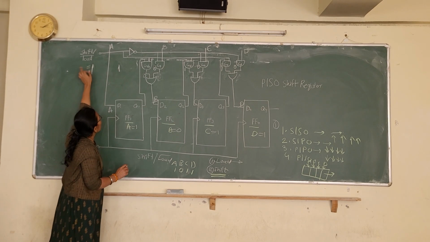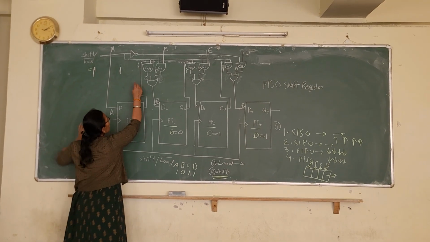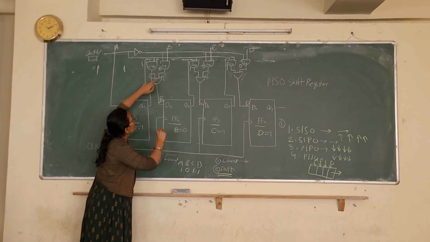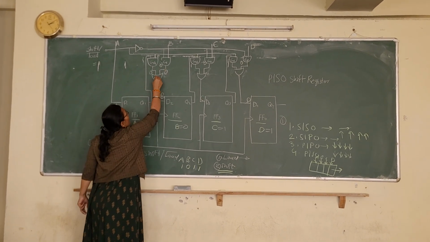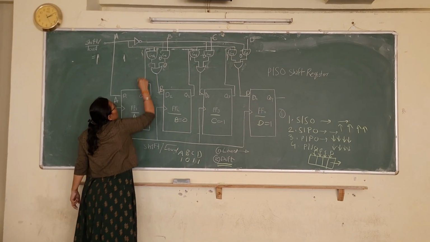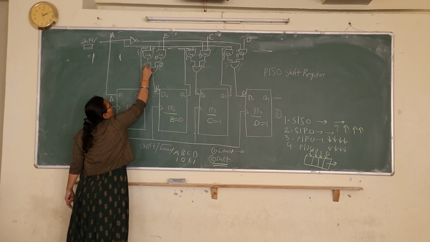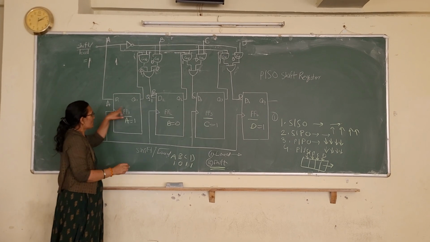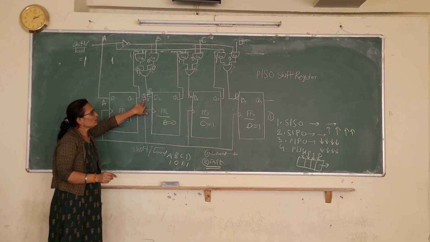Let us see here. Here you are getting a 1, this 1, and here is 0 because the input is now 0. That's why here you are getting a 0, and this is your 1. So this Q1 is shifted here. Q1 means your D1 will be shifted here.